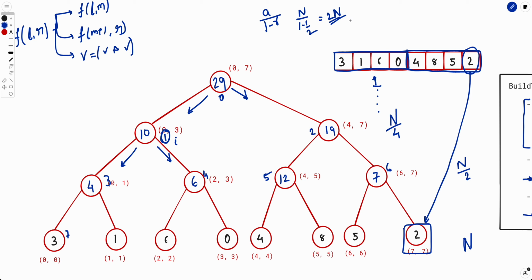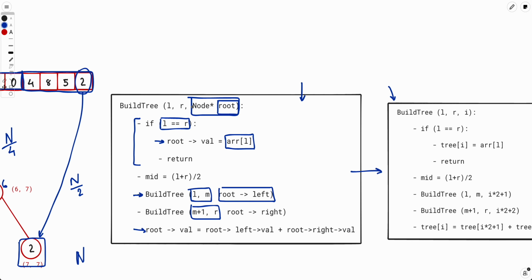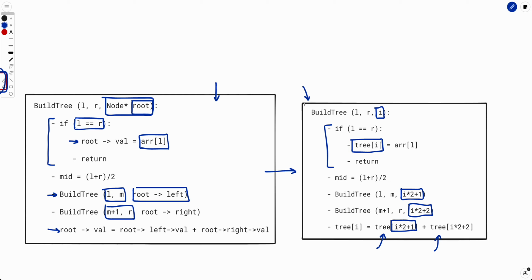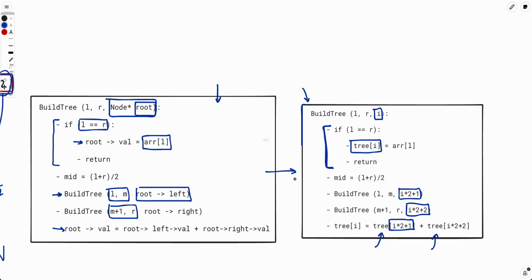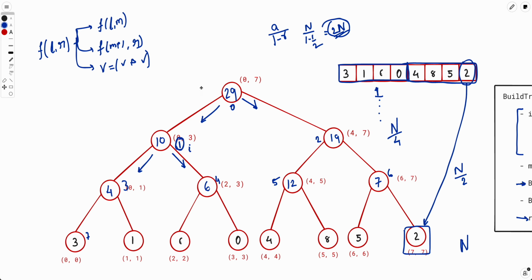Now, the number of nodes is 2n, so that is fine. And notice that we are actually visiting each node exactly once in this algorithm. So what we are doing is, once we reach the bottom of the tree, once we hit the leaf node, we just populate it and then traverse backward. We'll start with the root node. We will traverse each of these nodes.